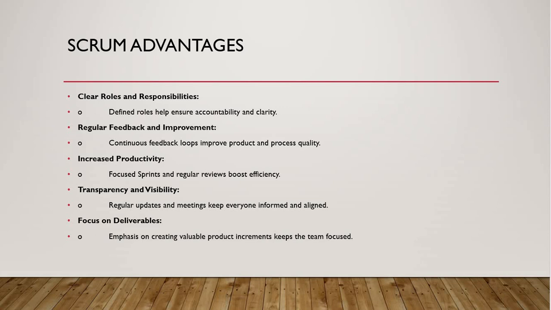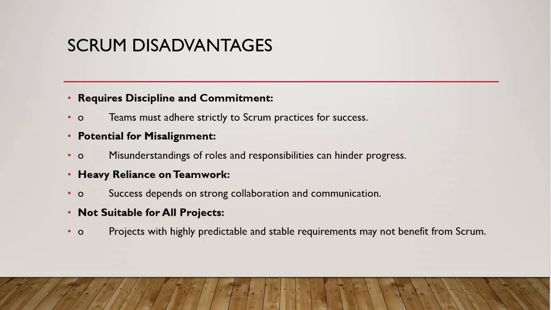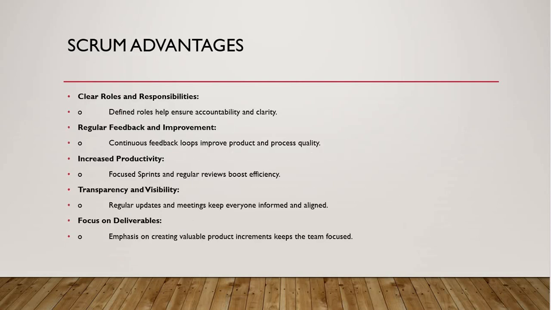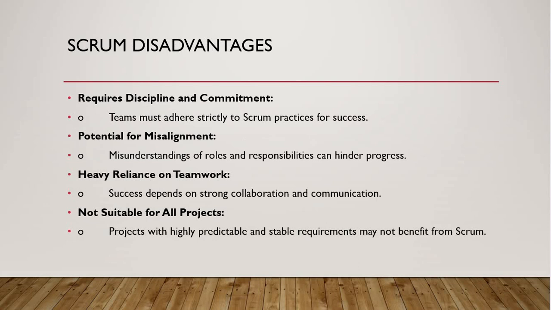I think the last one is Scrum disadvantages. I think it's the same point as in the Agile disadvantages. It requires discipline and commitment from the team members. Teams must adhere strictly to Scrum practices for success.